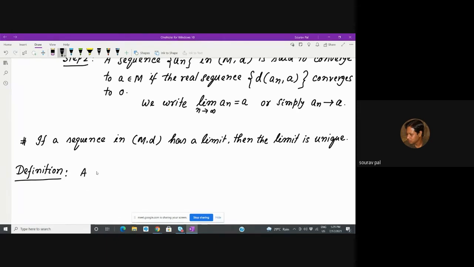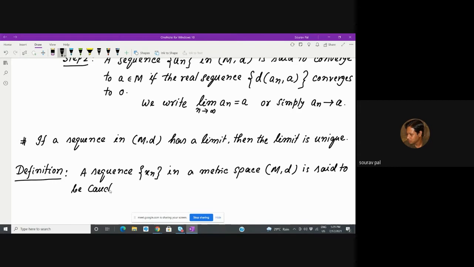So a sequence x_n in a metric space is said to be Cauchy when, who can tell me?